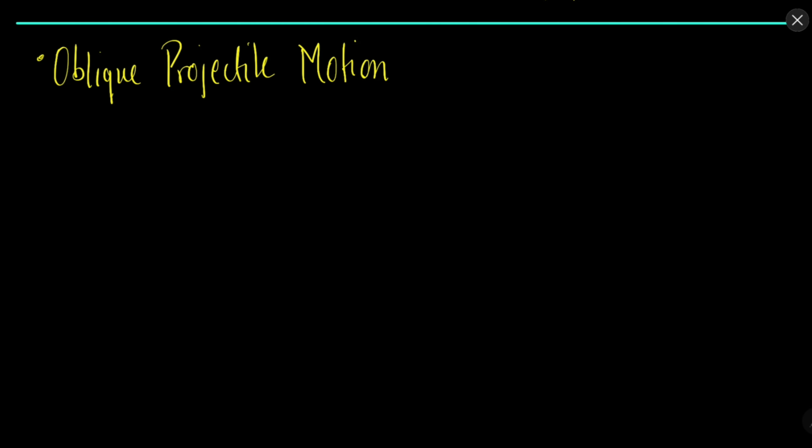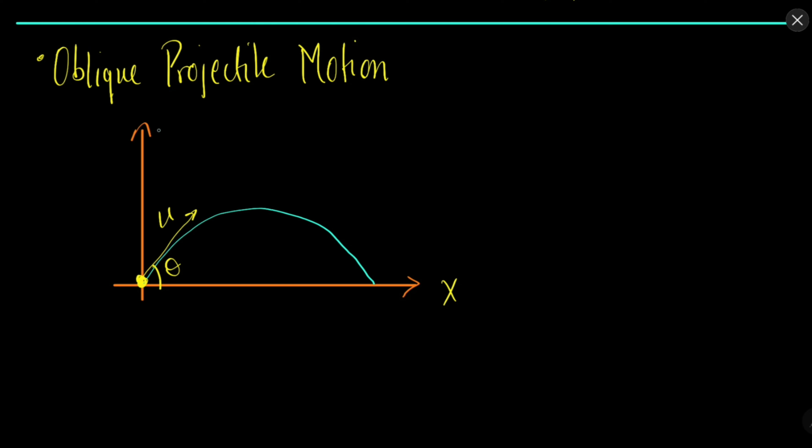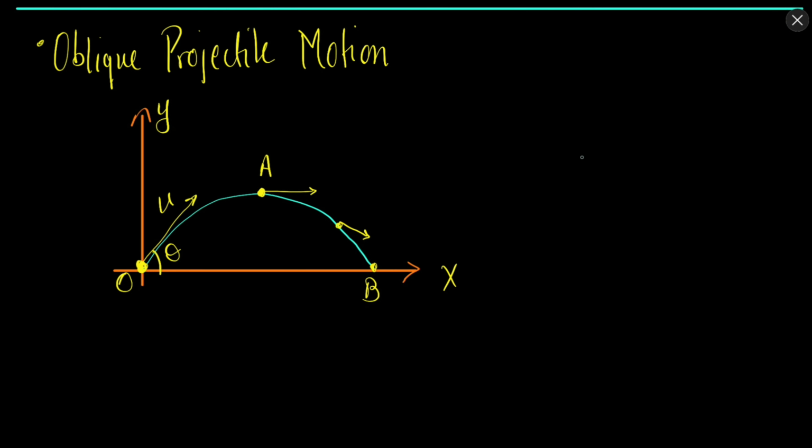The angle is theta. This is the x axis, this is the y axis. This is the top point. Point A is the topmost point at which the velocity is like this. At any other point, the velocity is along the tangent at that particular location. This is the origin.